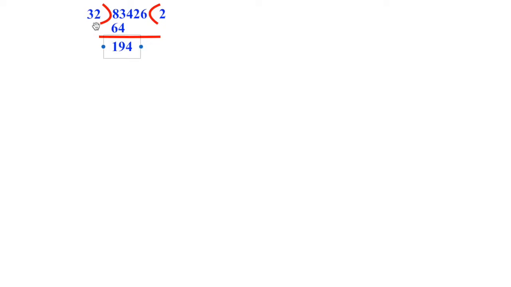Okay, what about this? 32 how many times? 4 is 12, 5 is 15, 6 is 18, perhaps 6. 32 times 6 is how much? 6 twos are 12, 1 carried, 6 threes are 18 plus 1, 19. Yes, 6 will go.